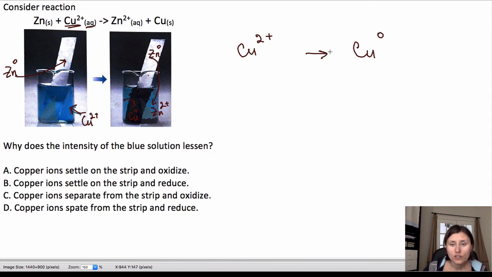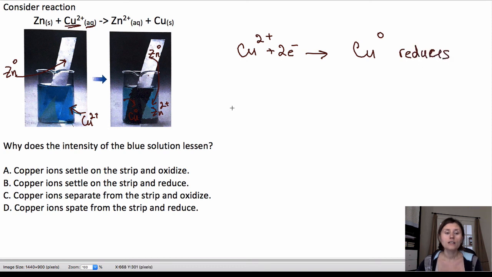So it's actually gaining electrons. When it gains electrons, it reduces. So it doesn't oxidize, it reduces. So this part A is incorrect.